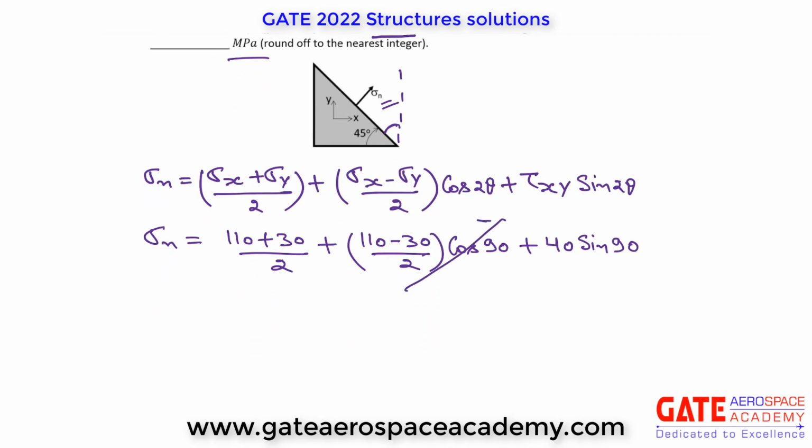Correct? Cos 90 is 0, so this term is completely 0. This is 110 plus 30, 140 divided by 2, 70, plus sin 90 is 1, so it is 40. It is equal to 110 megapascal.